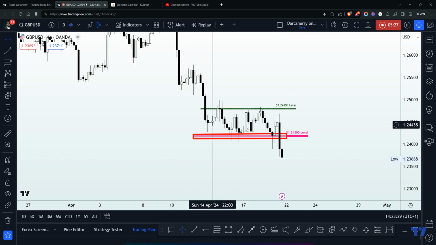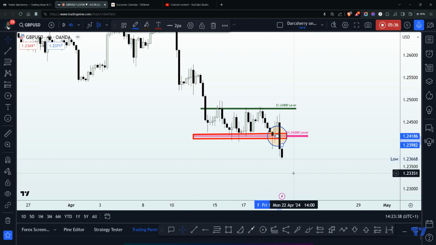Now, if you look at what happened during the last trading day of last week, we finally saw price action break down the 1.242 to validate the potency of this bearish trend continuation pattern.